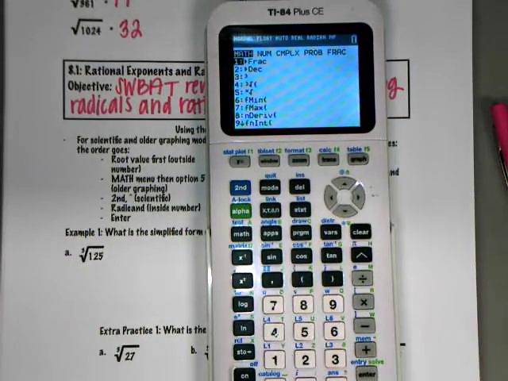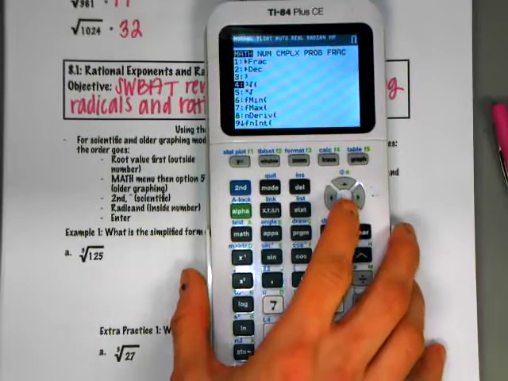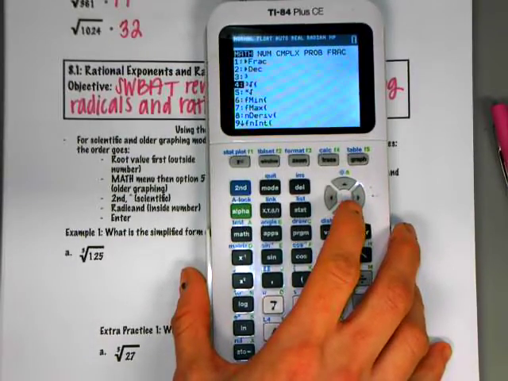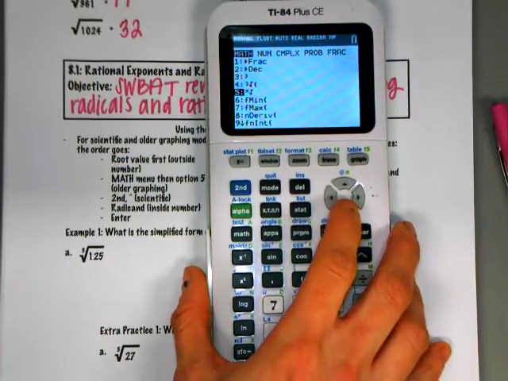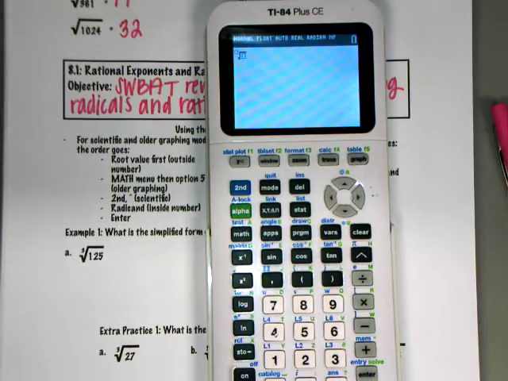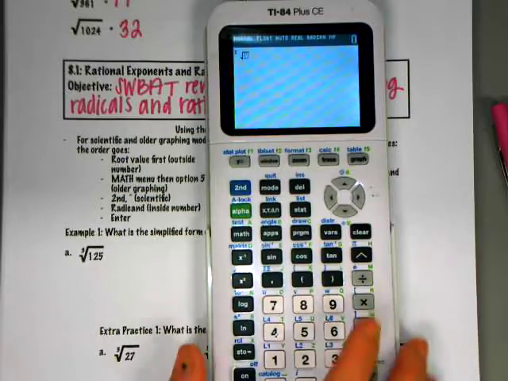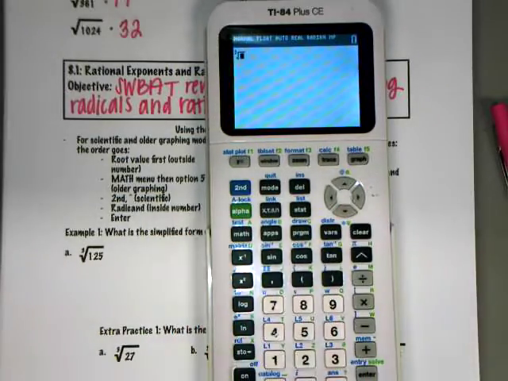And then there's specifically a third root here because it's so common. But for all the roots, you're going to use option 5. And that's going to allow you to put the number in on the outside that you want. And then you can scroll over with the arrows, and then put the number on the inside that you want, and then get your answer. So the cube root of 125 is 5 because 5 to the third power is 125.